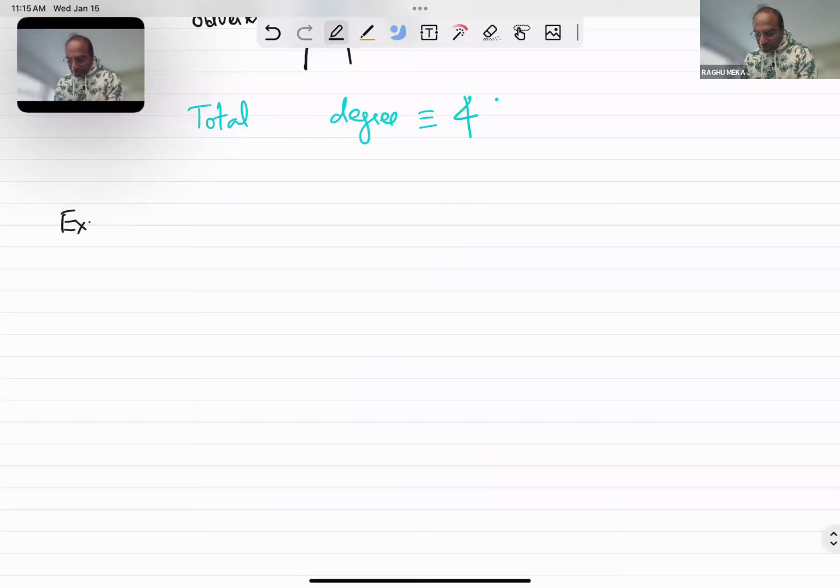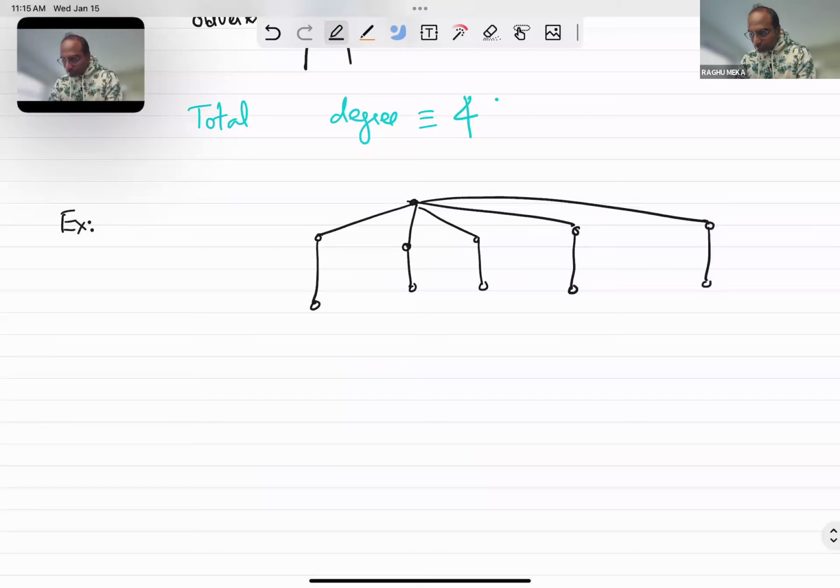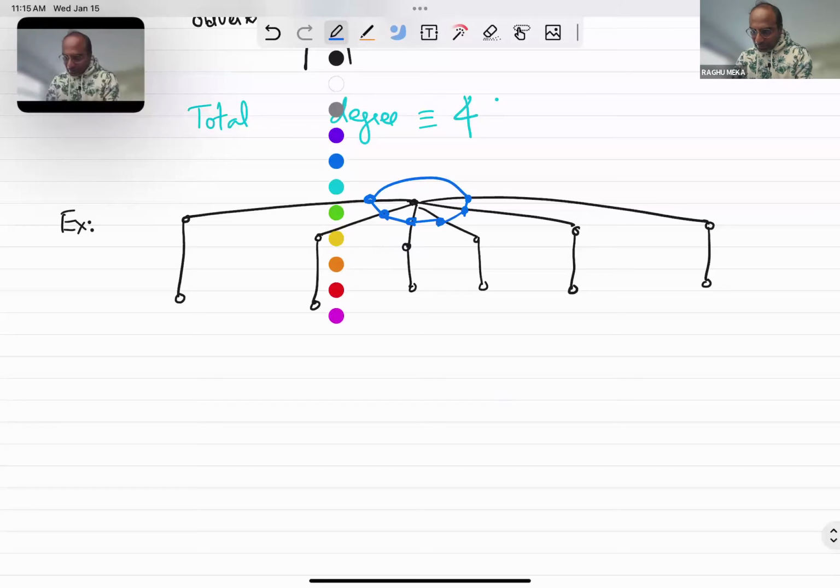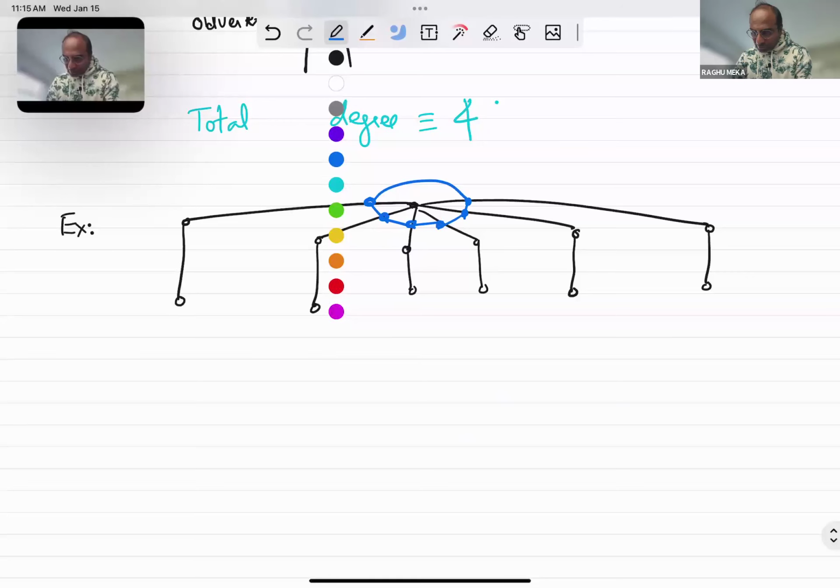So maybe to do an example, let's say I had this spider, maybe something like this. Okay, so now I would get new vertices here. Okay, and same things before, like here.